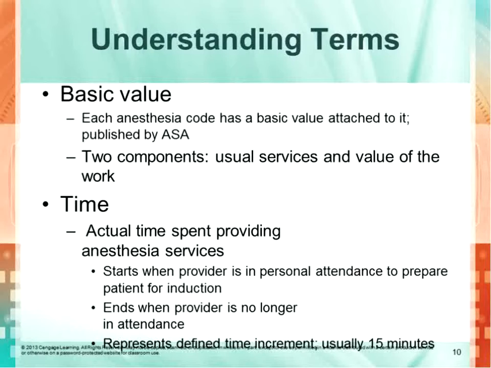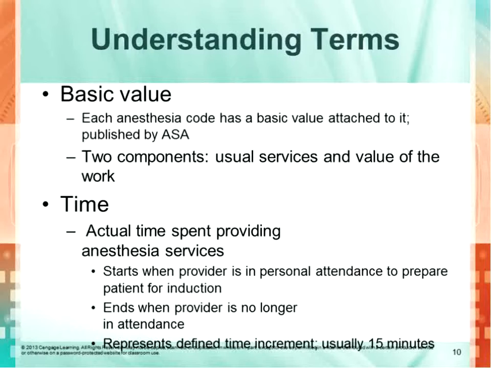There are two elements that make up your basic value, and basically that's your usual services and your value of the work. So what are we talking about when we say usual services? We're talking about all those services that are included in that code. That will be your pre-op visits, your intra-op care, and your post-op visits.